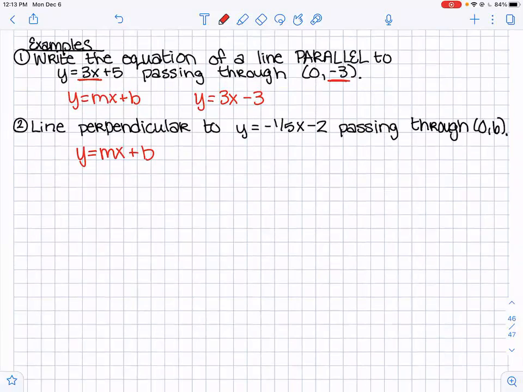So what's the slope in the line that they gave us? Negative 1/5 right here, right? Okay, so what's the opposite reciprocal of negative 1/5? Positive 5 or 5/1, right? So y equals 5x. Okay, what's my y-intercept? It's always this number from the 0 whatever, right? So plus 6.